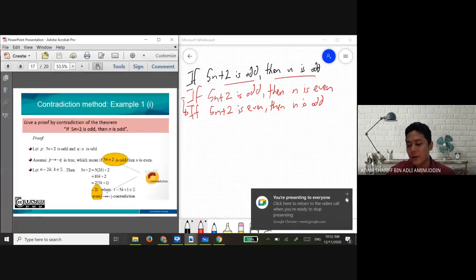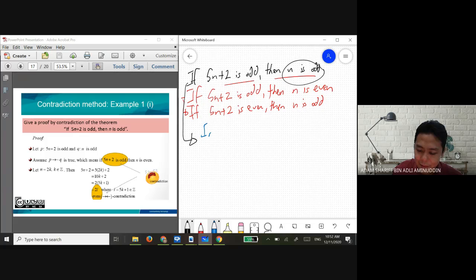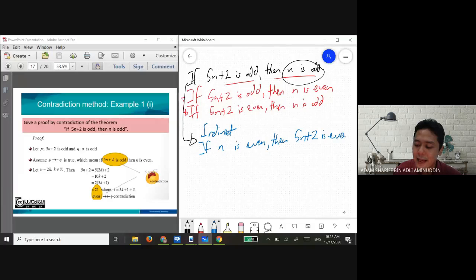Alright, so by using that thinking, he tried to prove... kita tukar sebenarnya. Tadi tu kita guna indirect method. Indirect method, jangan pening, sabar dulu. Kalau kita guna indirect, kita tak boleh guna direct kat sini. Dia kena: if n is even, then 5n plus 2 is even. Ini yang kita baru buat tadi.